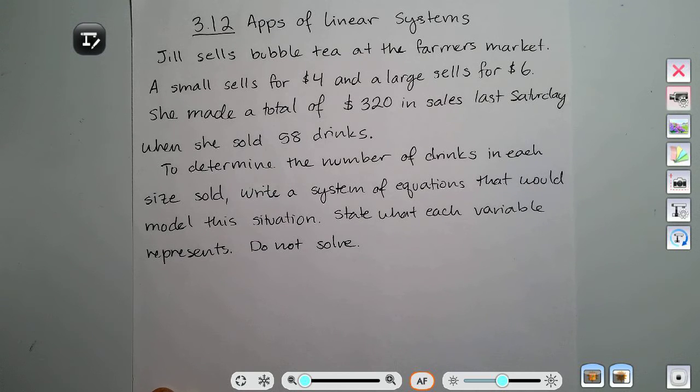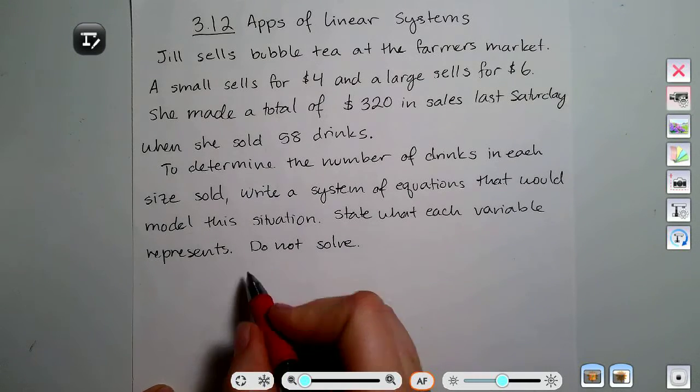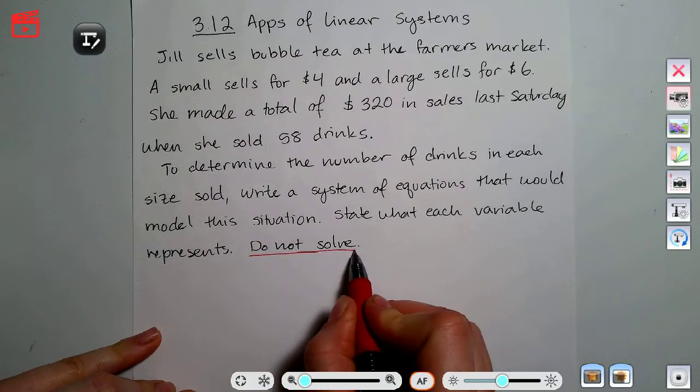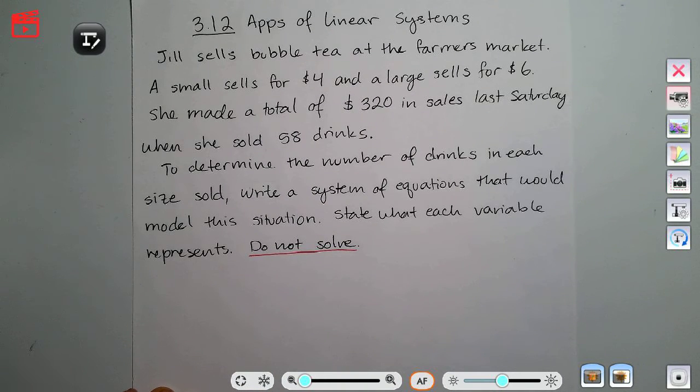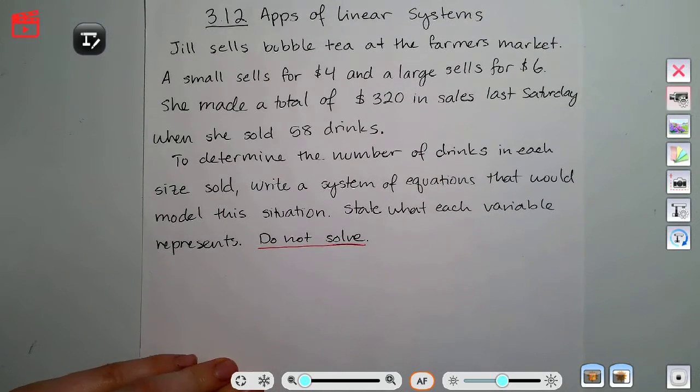To determine the number of drinks in each size sold, write a system of equations that would model the situation. State what each variable represents. Do not solve. All right, so sometimes you will be told to solve, but notice this says do not solve. So all they want is a system.